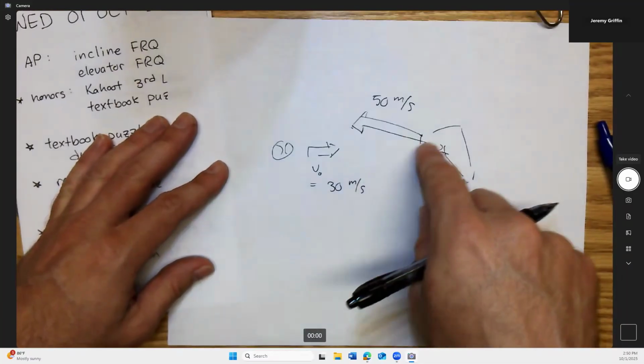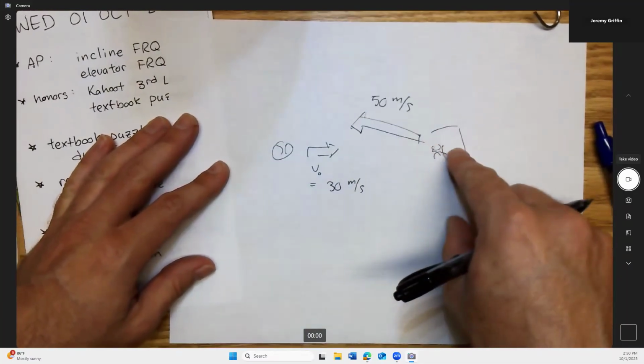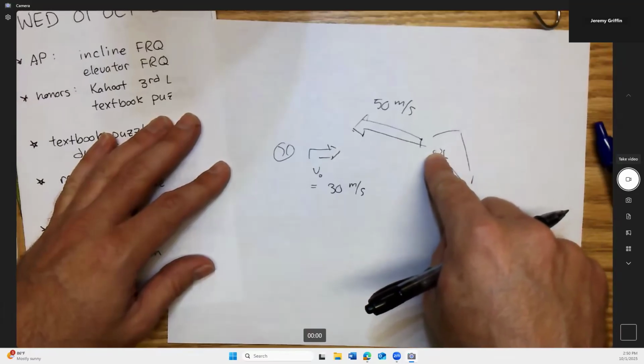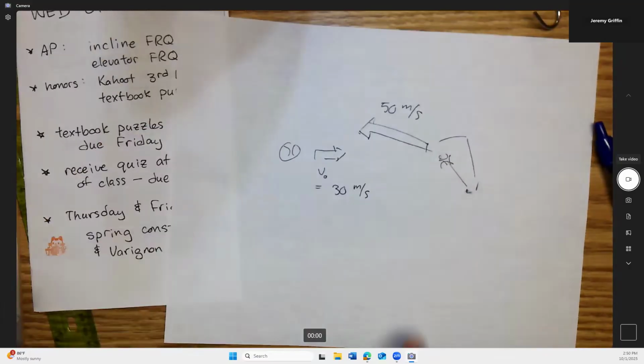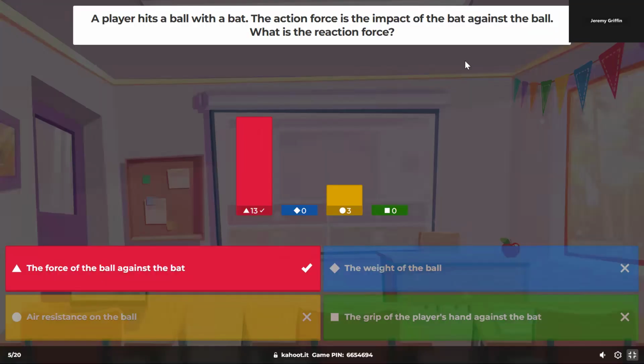Okay. In that case, during that collision, which force is bigger? The ball hitting the bat or the bat hitting the ball? They're the same. The same force. That's Newton's third law. Bat on ball, ball on bat, same force.